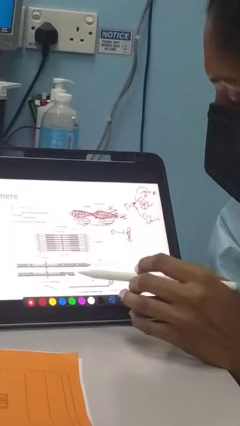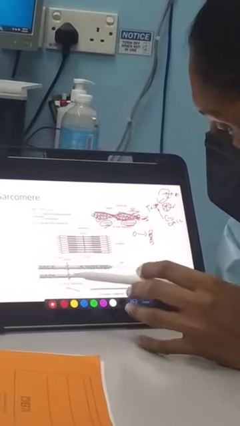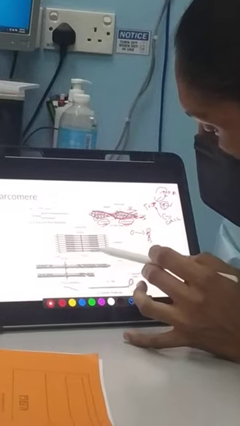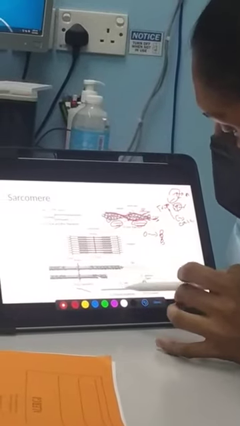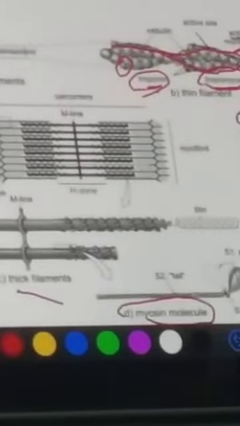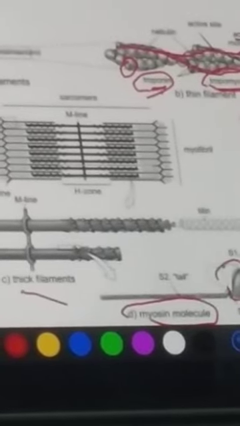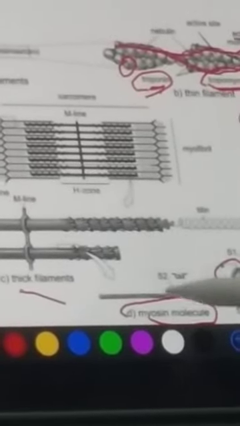Then we go to the thick filament. There is a thick filament here. You see this is the black colored thing, and they zoomed it. This thick filament, we usually call a myosin molecule. I label it as head, arm and tail.